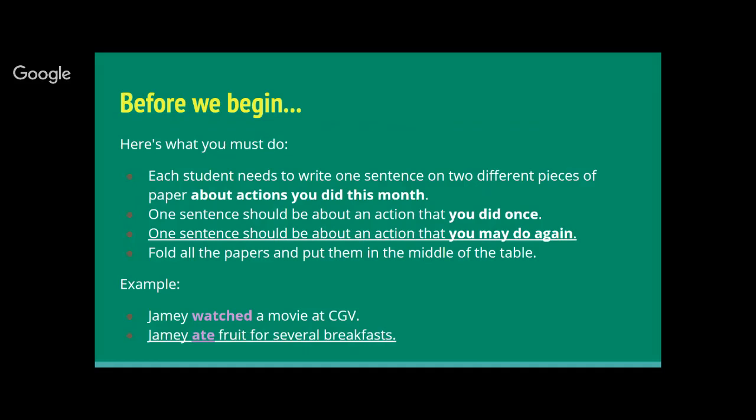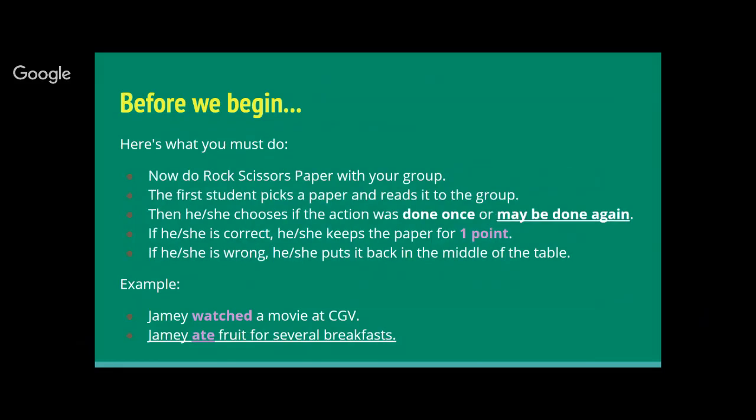Okay, that's probably about enough time. So now, with your partners, you need to do rock, scissors, paper, and the winner is the first student. The first student needs to pick a paper and read it to the group. Then you must choose if the action was done once or maybe done again.